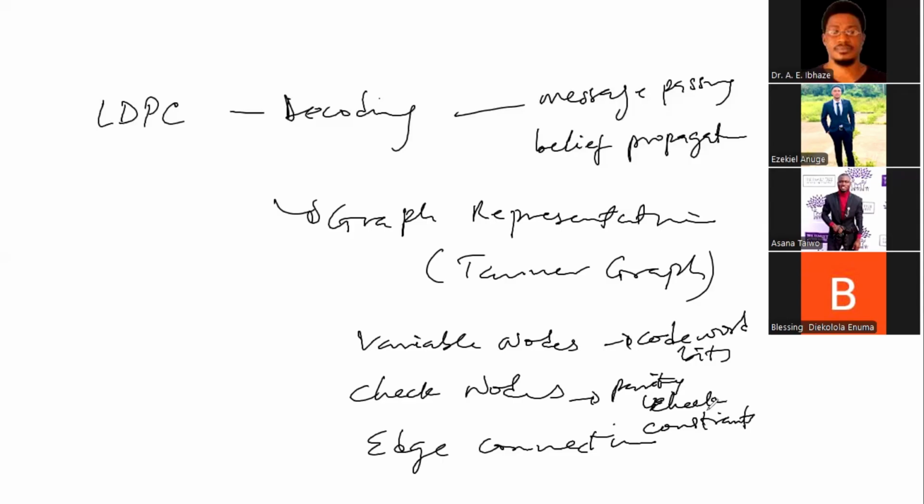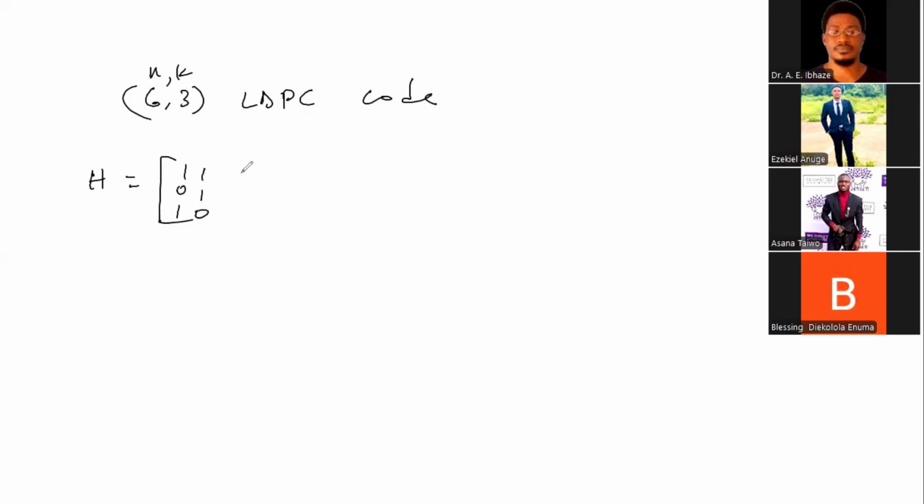So let's take, for instance, a simple 6-3 LDPC code. So this is N, this is K. And here we have the parity check matrix, 101, for instance, 110, 011.